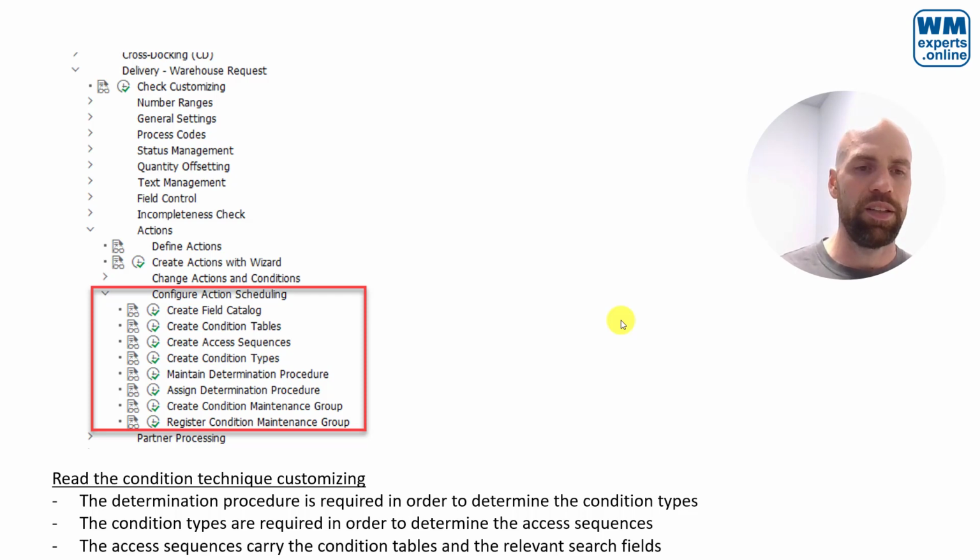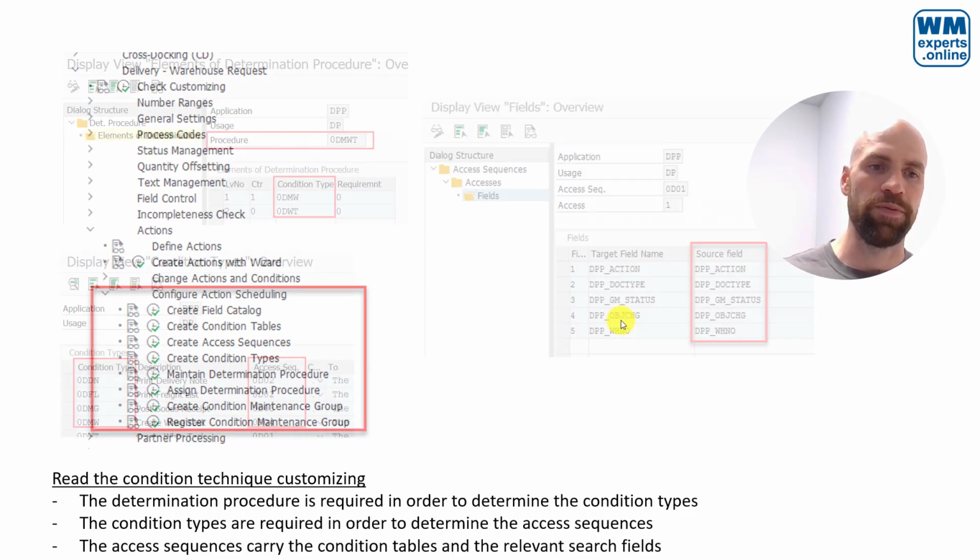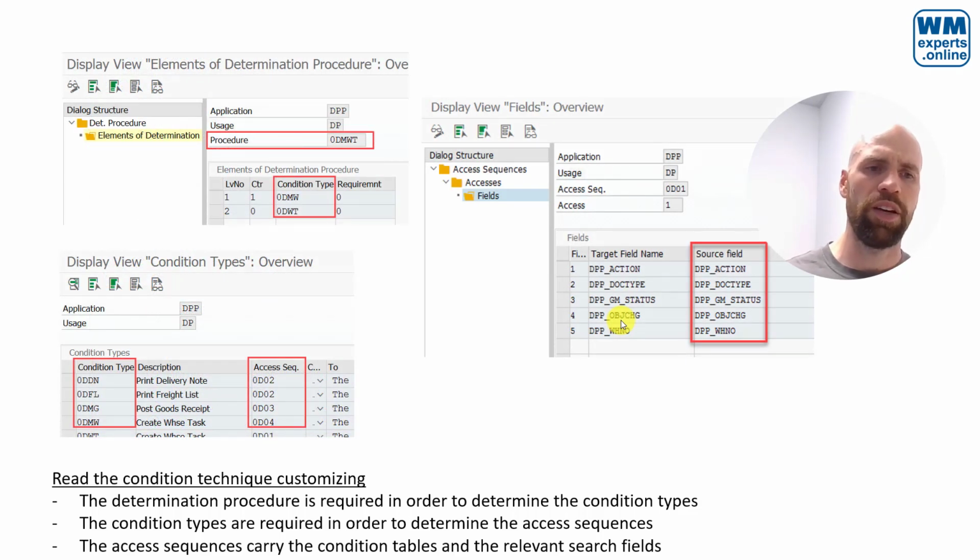So here's the customizing where you find all this stuff. It is pretty simple. You just go through all the nodes and then you're set, and you should have covered everything that you need. I will not go into detail right now, just a couple of screenshots.